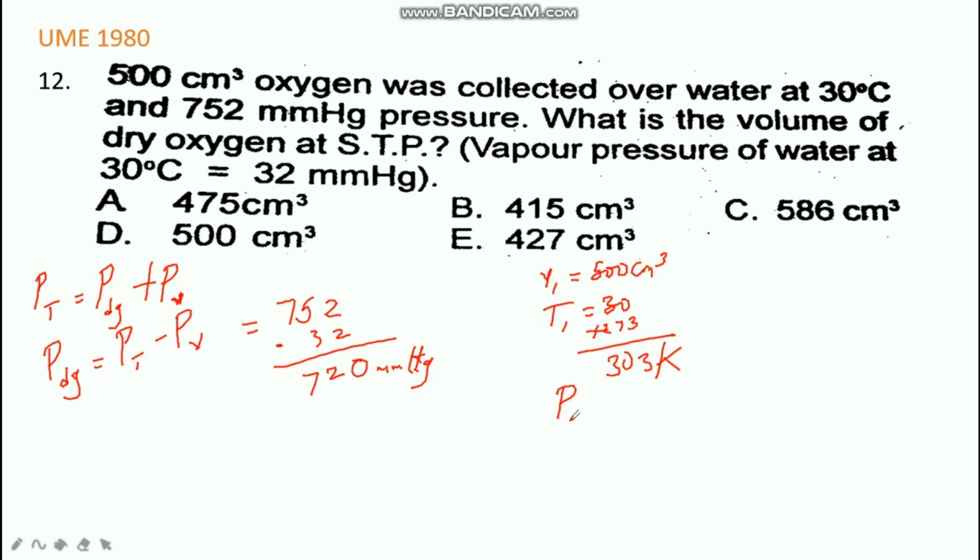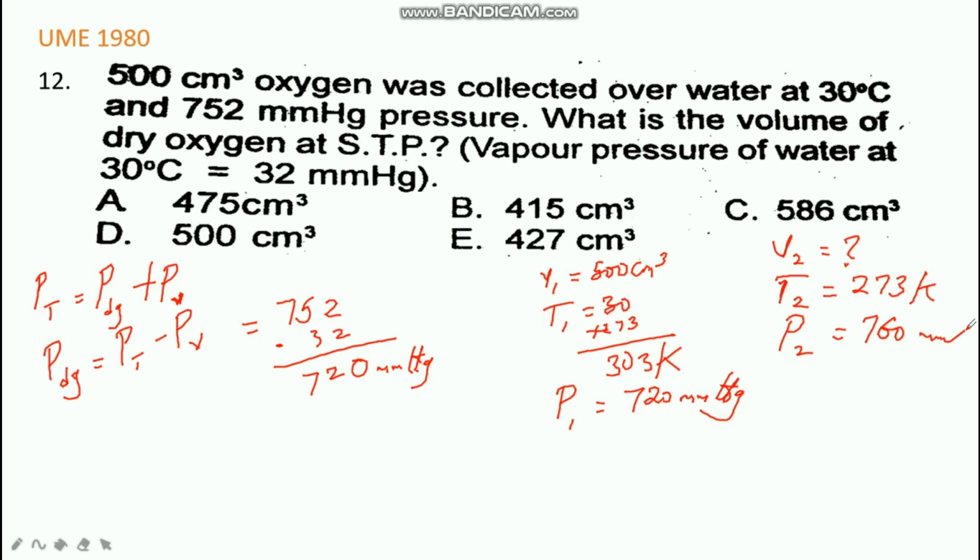Then P sub 1 is what we just figured out, which is 720 millimeter of mercury. Now, V sub 2 is what we're looking for. T sub 2 is at STP, which is 273 Kelvin, and P sub 2 is 760 millimeter of mercury. So we have that.